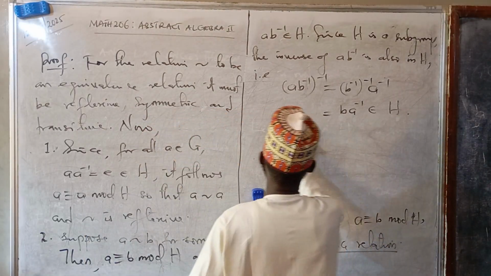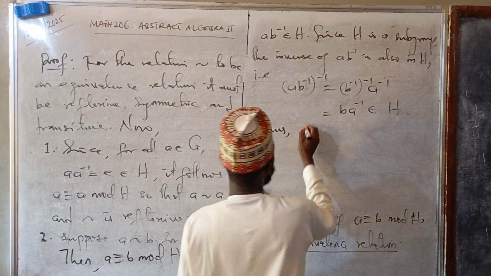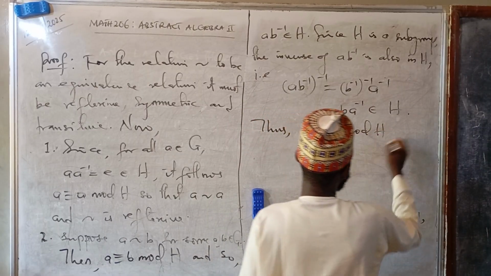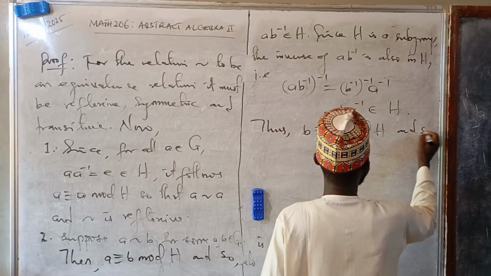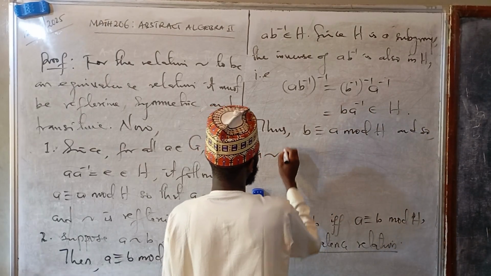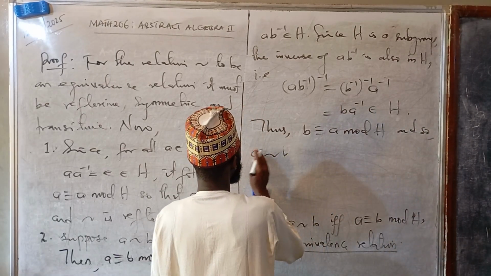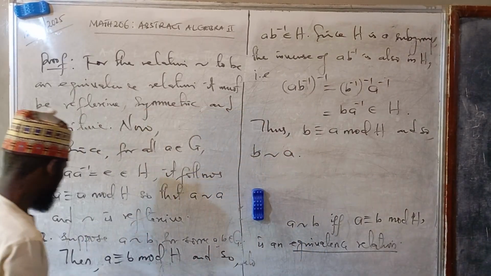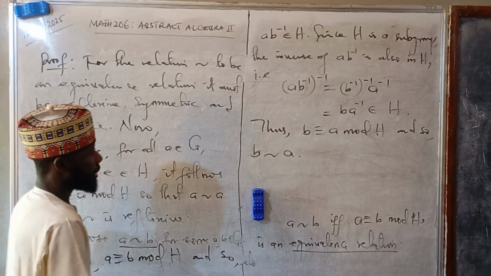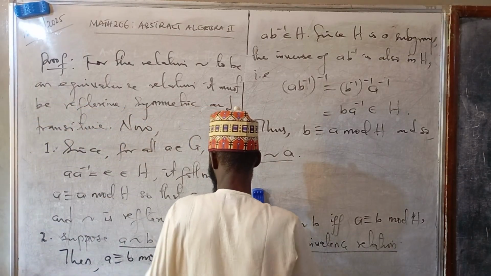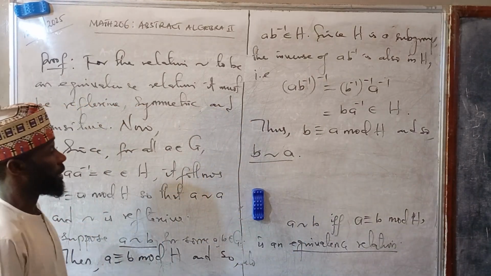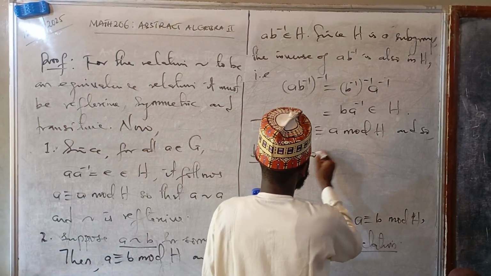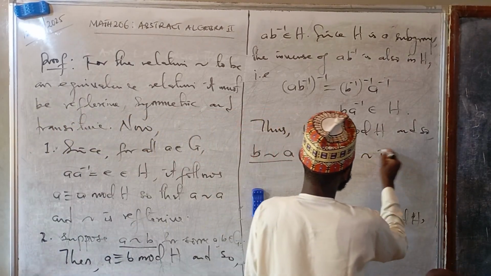So B is congruent to A modulo H, and so B is related to A. We started with A related to B, and we end up with B related to A, so the relation is symmetric.